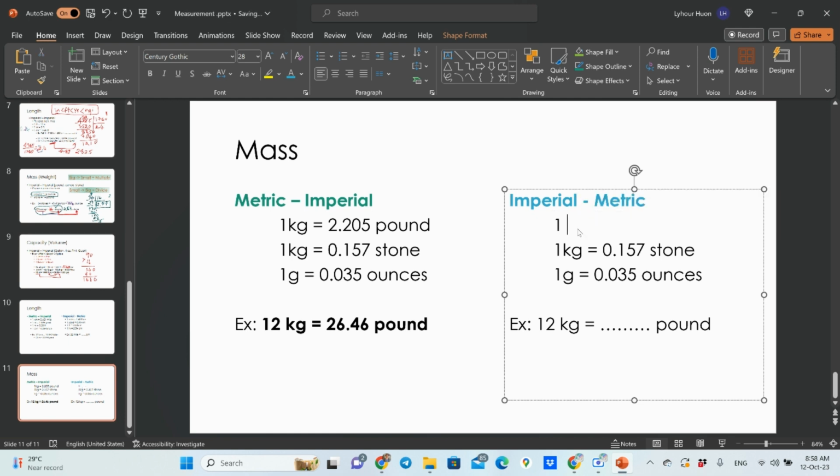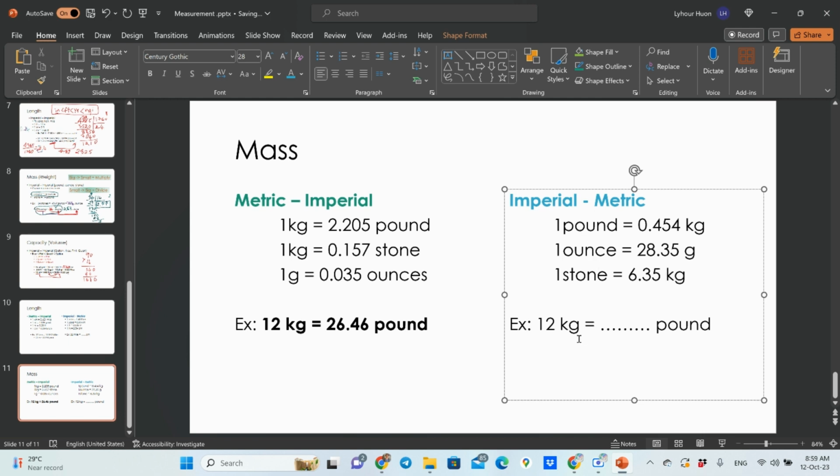So 1 pound is equal to 0.454 kilograms. 1 ounce is equal to 28.35 grams. 1 stone is equal to 6.35 kilograms. This needs to be remembered.